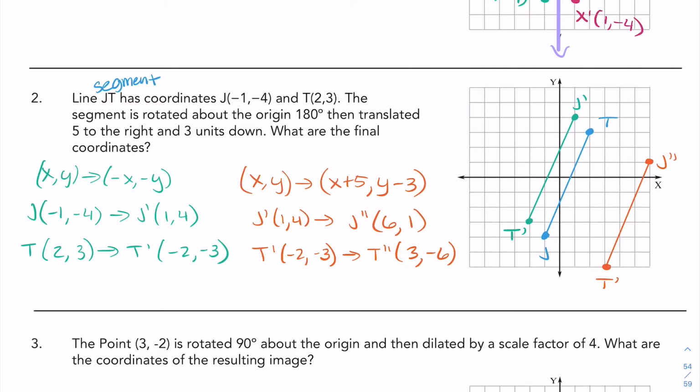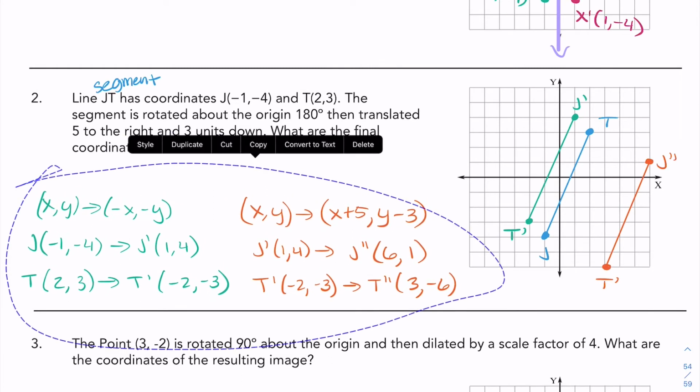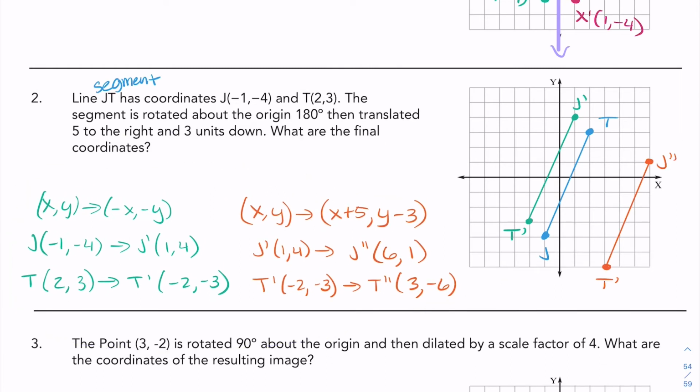So the final coordinates are J double prime at 6, 1, and T double prime at 3, -6.